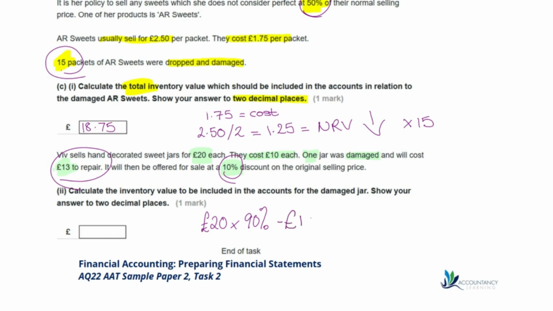So we'll then take off the £13, which gives us a £5 NRV, and the cost was £10. So therefore, it would be £5 for the inventory value for the damaged jar. And that concludes task 2.